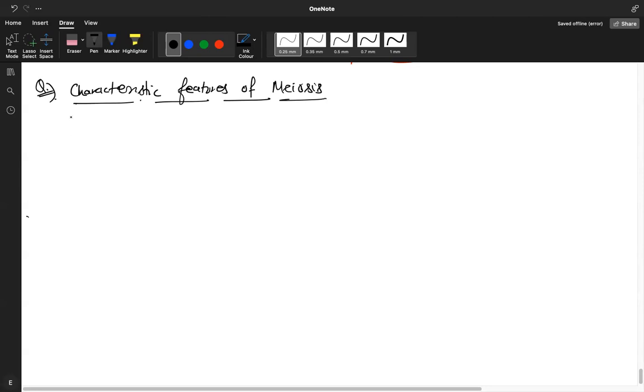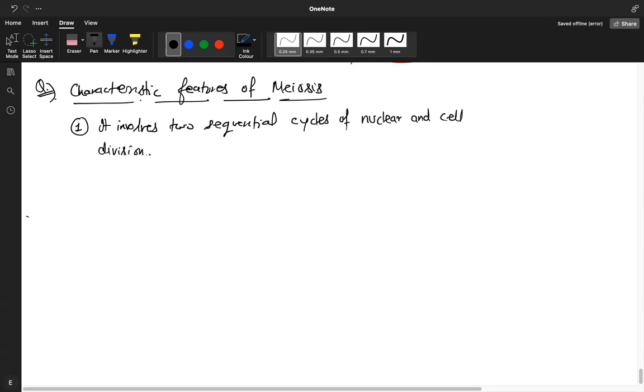Meiosis, the first feature is that it involves two sequential cycles of nuclear and cell division, nuclear division and cell division, which is known as Meiosis-1 and Meiosis-2. Correct? This is clear?